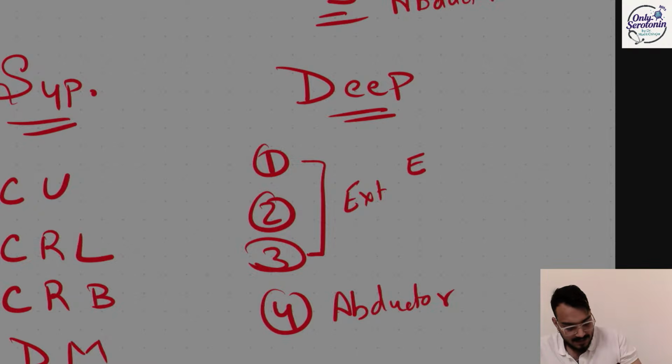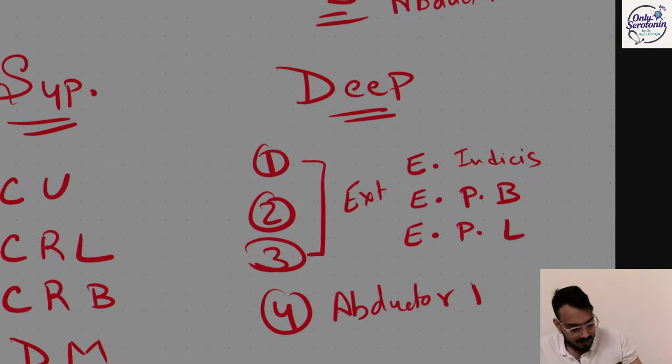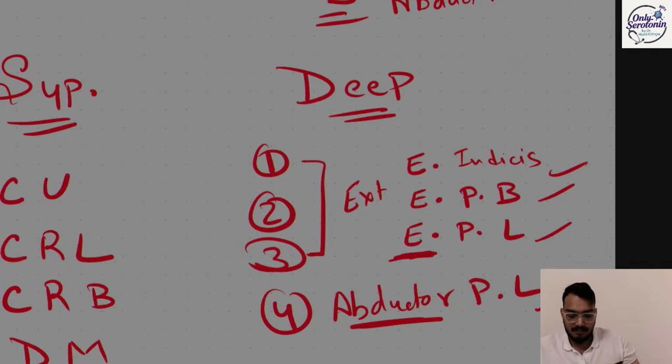The first one is extensor indicis. Then we are having extensor pollicis brevis, extensor pollicis longus, and abductor pollicis longus. Indicis, pollicis brevis, pollicis longus, longus. One is extensor, one is abductor. Okay, guys.